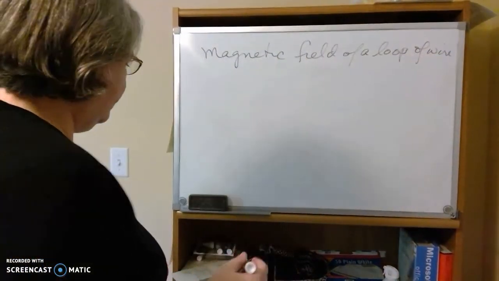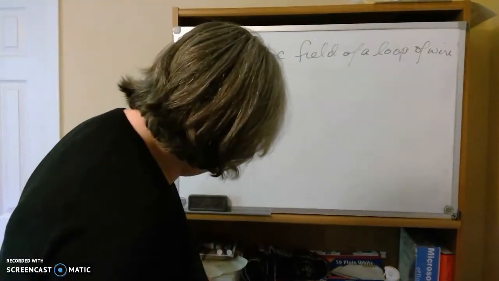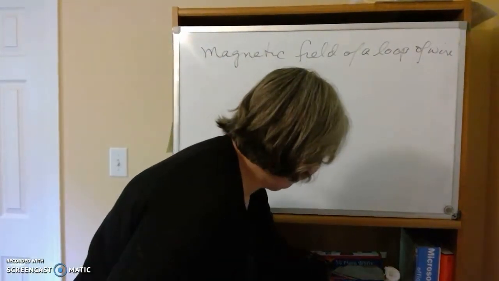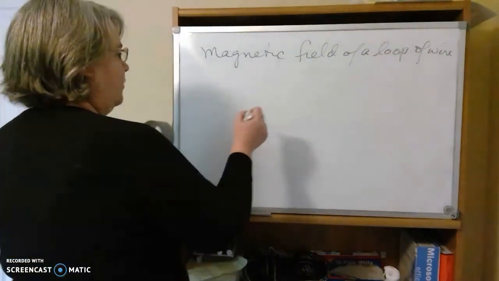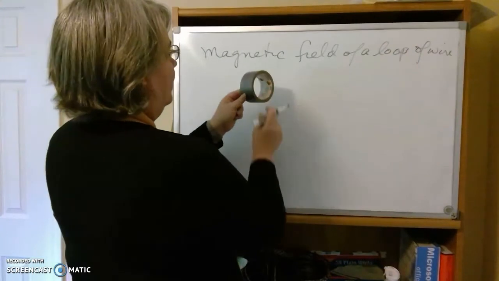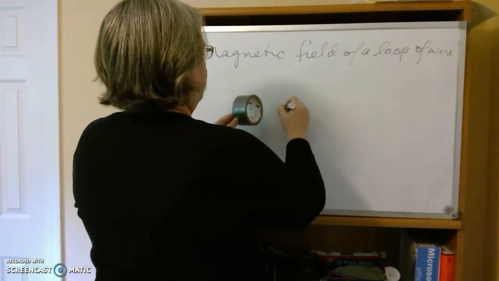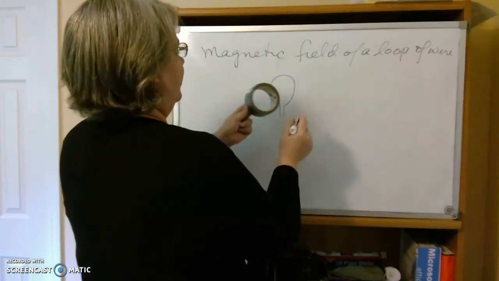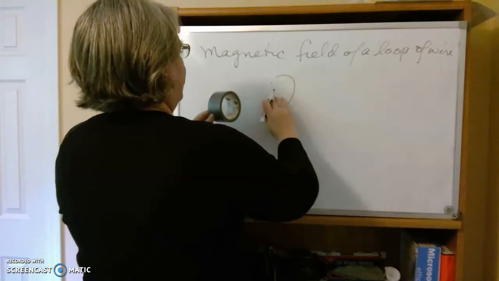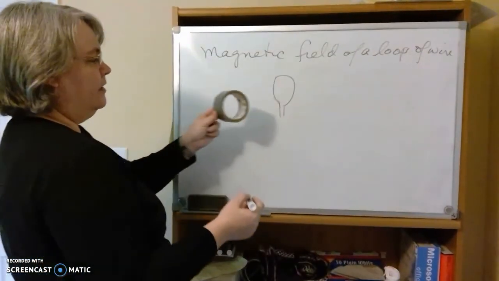If I take a loop that, let's see, let me get a visual aid. Okay, here's a loop, okay? If I take wire in a loop and I want to draw it so that it's kind of at an angle, so it looks narrow, but it's actually a circle viewed from the edge on, okay?